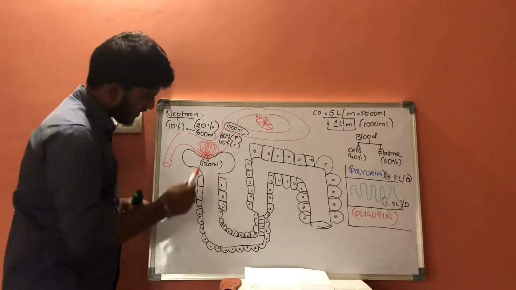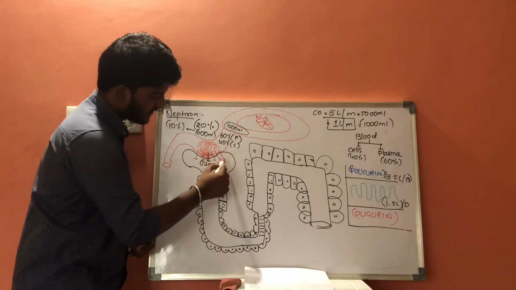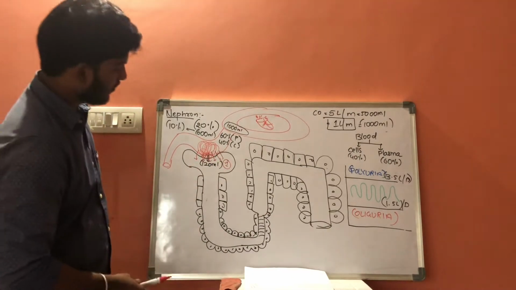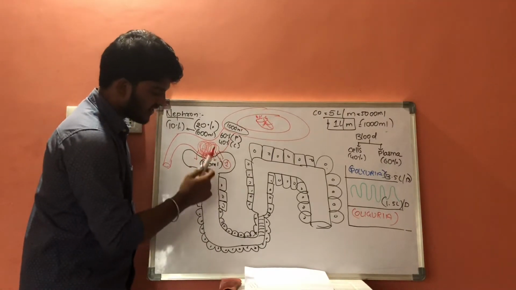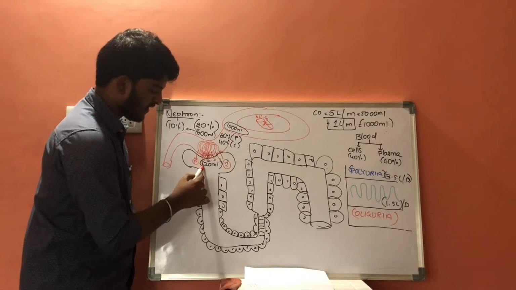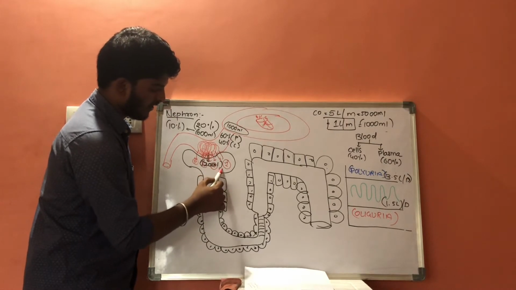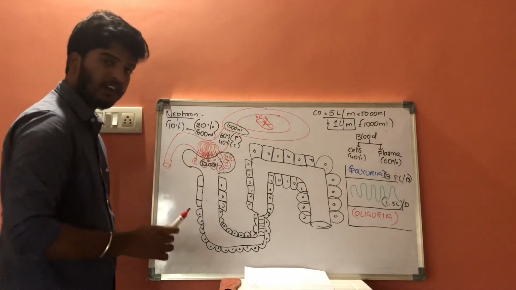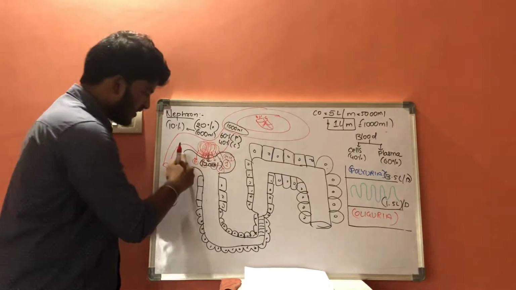The first step is glomerular filtration. As glomerular filtration takes place, the plasma constituents like proteins and water, sodium, chloride, bicarbonates, etc. will be moving inside of this Bowman's capsule.